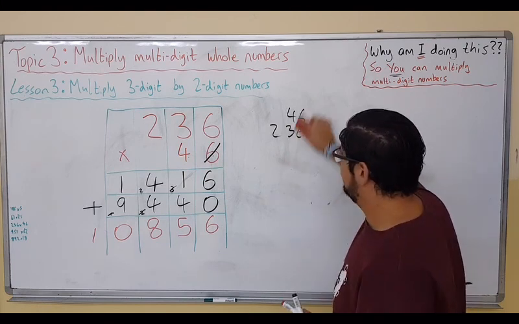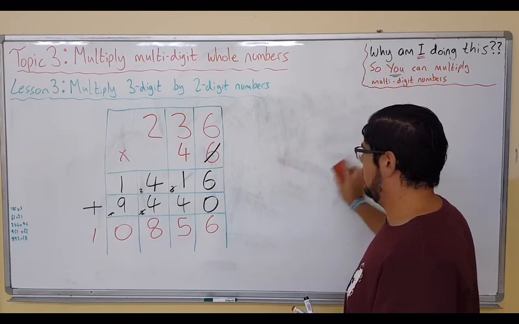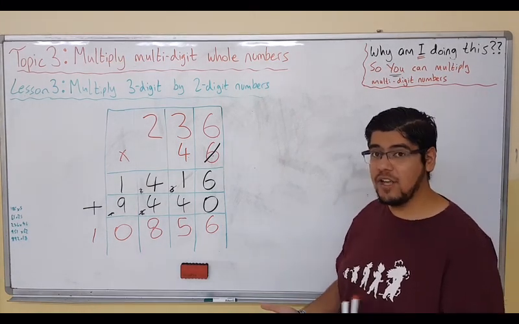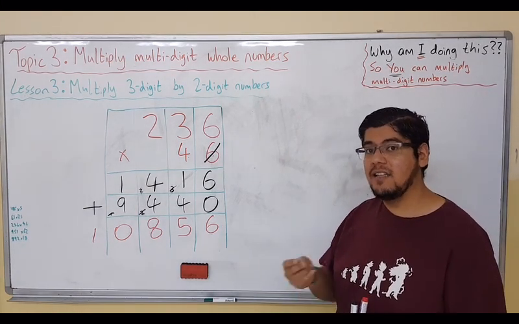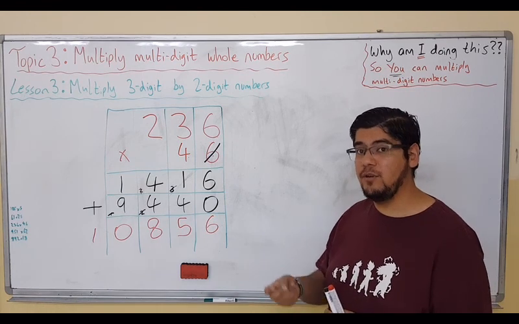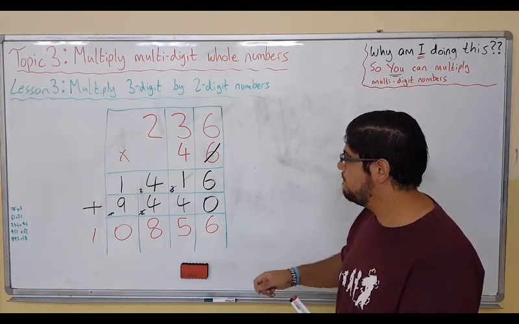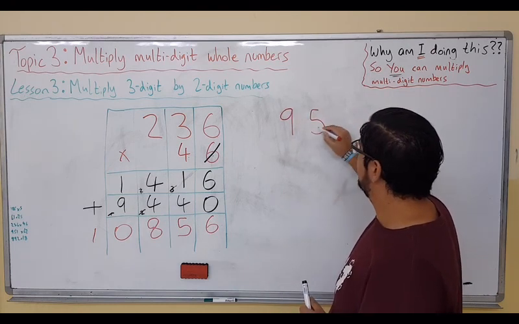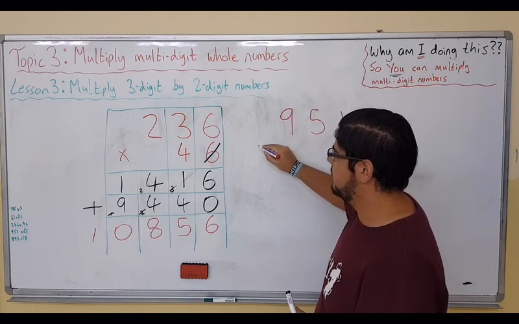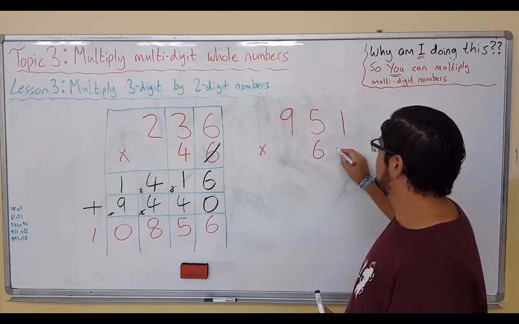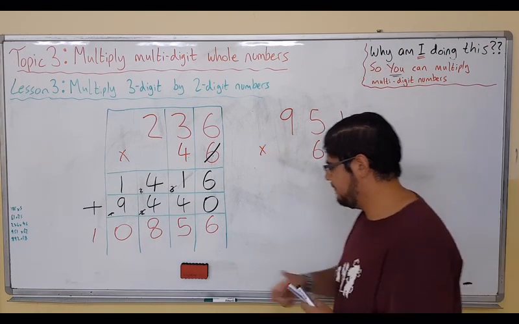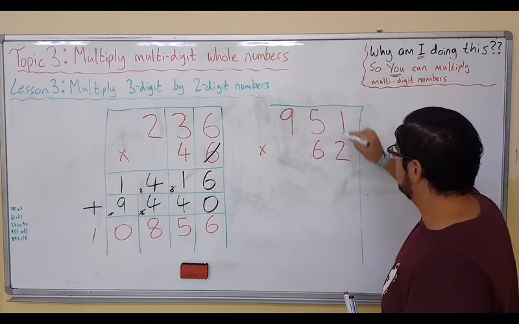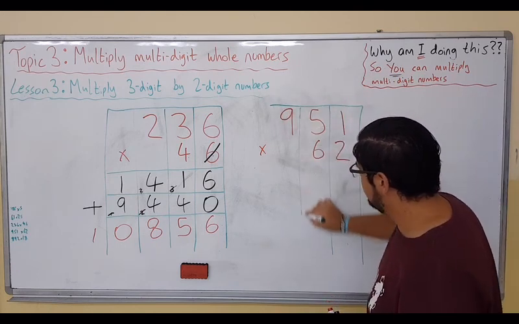So, I'll do the next 2 examples much quicker with less talking now, so you can see that it can be very easy for you to do so fast. Okay? Let's see, we have 951 multiplied by 62. Okay? So you're just using mainly our times tables for this.